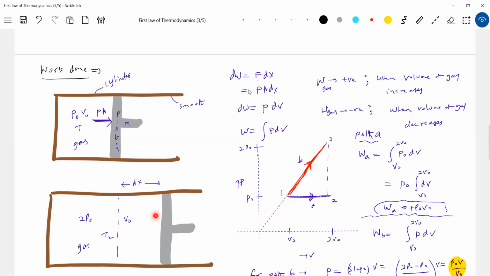Since it can, many external changes will come. A good example: why will a car move? Because the gas does work. Because of that, the car is moving. Why thermodynamics is given so much importance is because of the gas only. Why is a refrigerator so cool? Because the gas is doing work. Why is there a cooling effect in the room from an air conditioner? Because the gas does work. So don't think that only a piston will move.